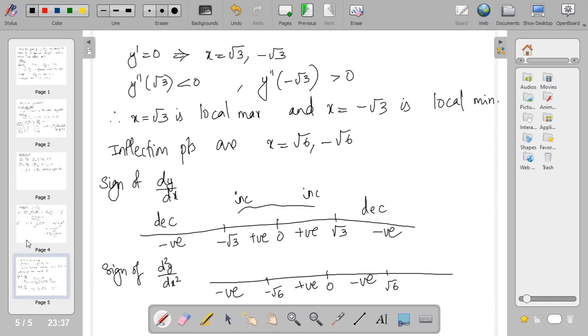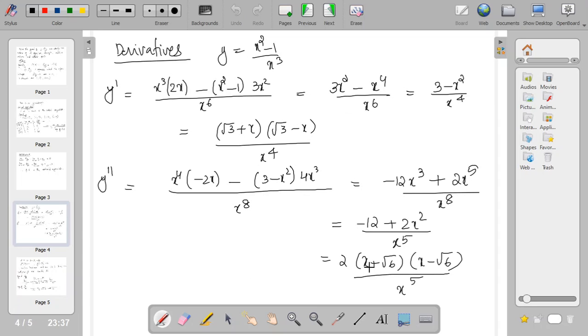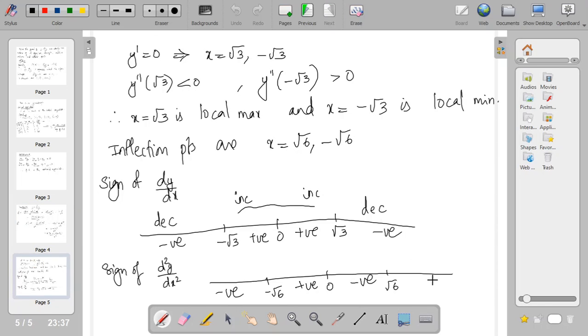In the last interval this is positive, positive, and this is also positive, so everything comes positive. So this is how the concavity is changing. Here you have concave down and concave up, and here concave down, and here you have concave up. So that is how the concavity is changing.